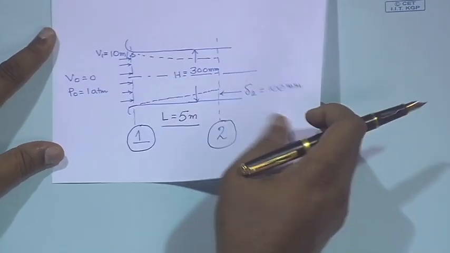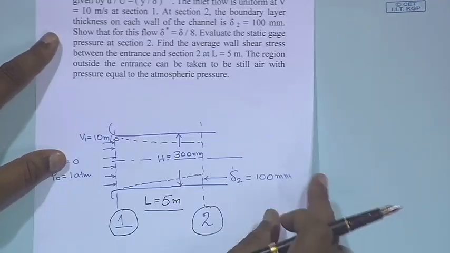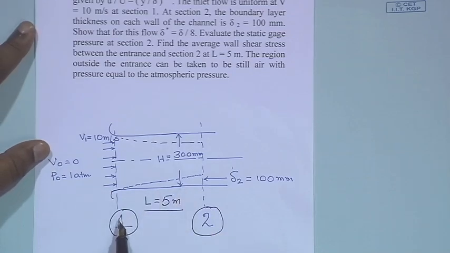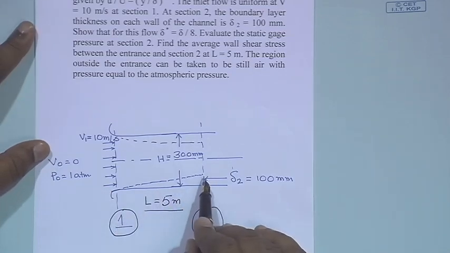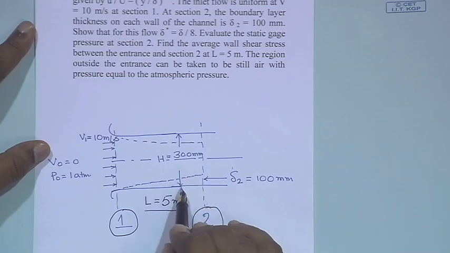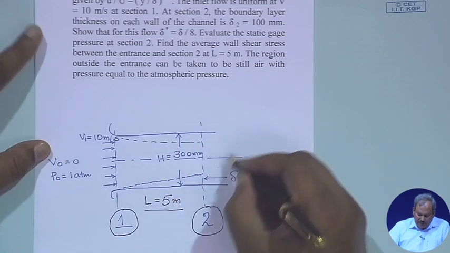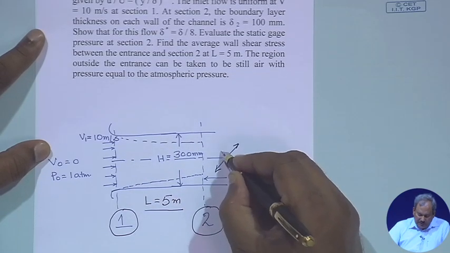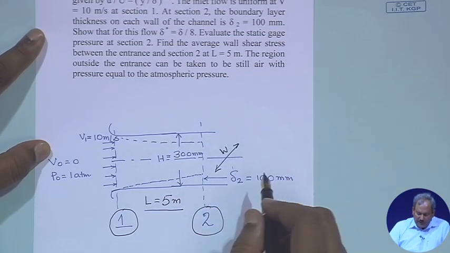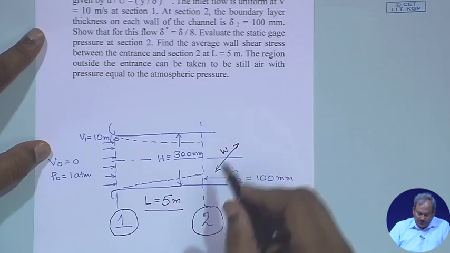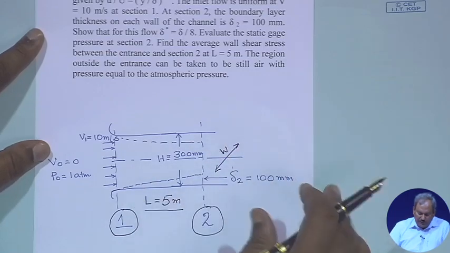So, we have a duct, two stations, the thickness of the boundary layer at location 2 is known to us, the separation between the two plates forming the duct is known, and we can take any width of the duct, it really does not matter. So, we can call this width W. That is the width of the duct.